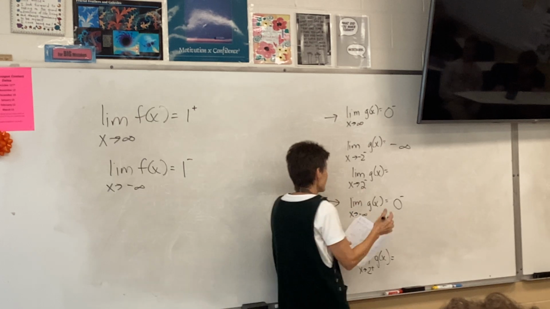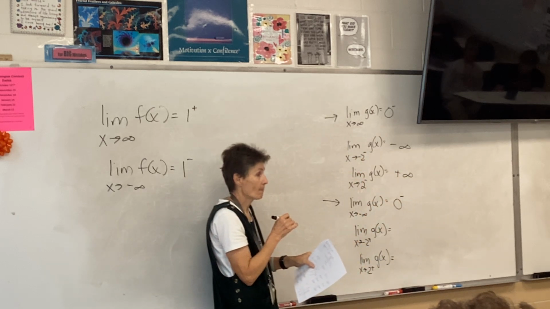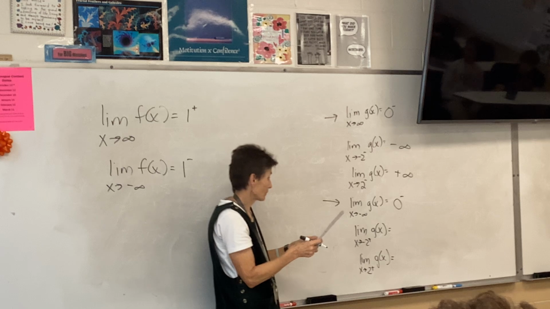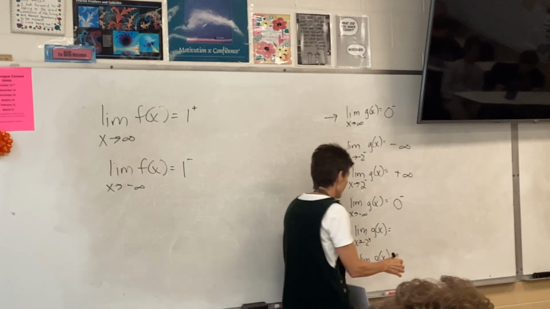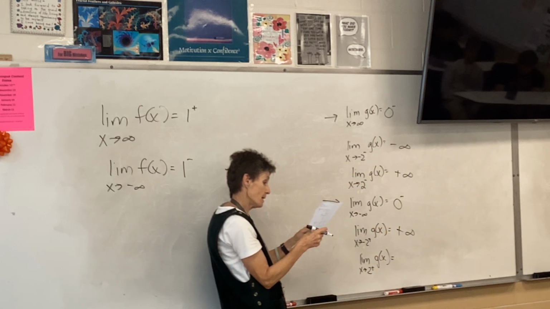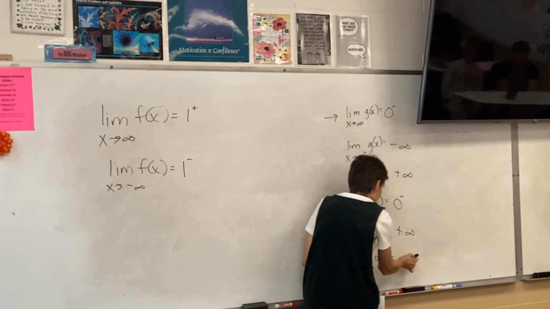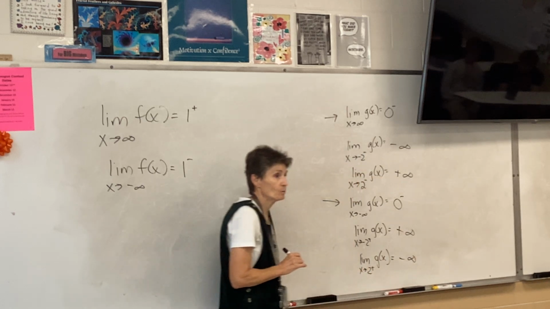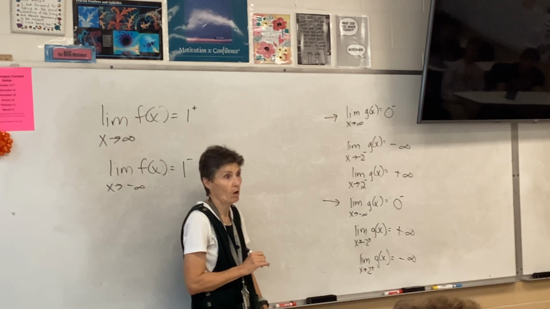Left side of positive 2 is positive infinity. Right side of negative 2, did you say positive? And right side of 2 is negative. How did you do with that? Flawless. Okay, flawless, flawless, love it.